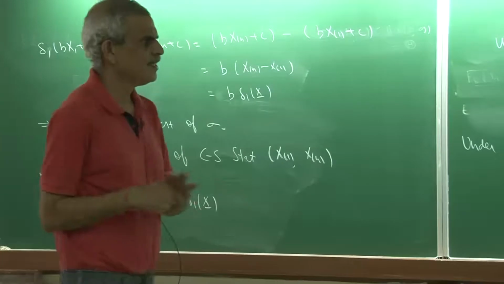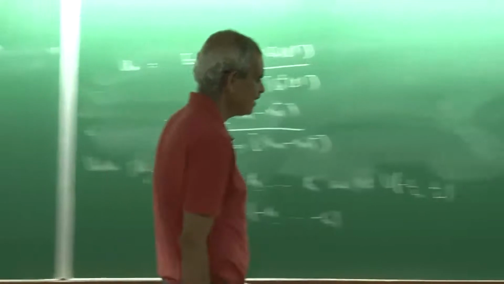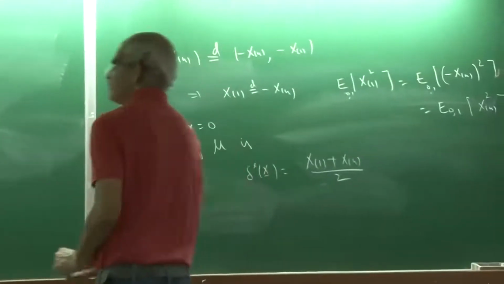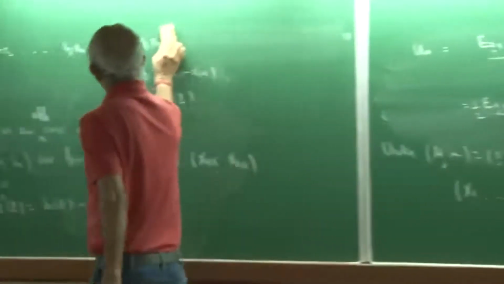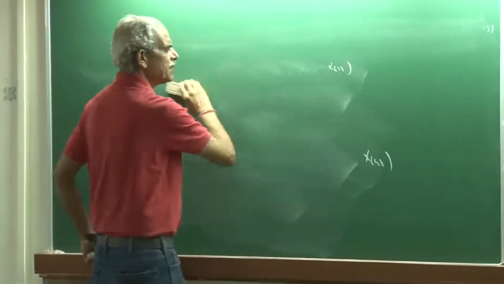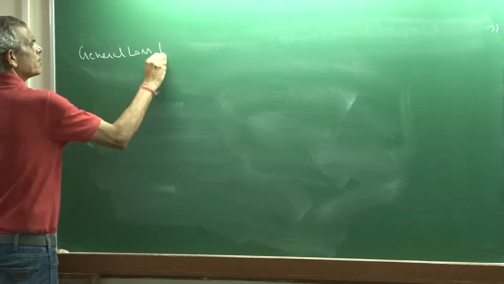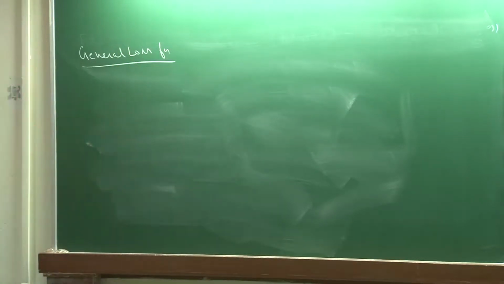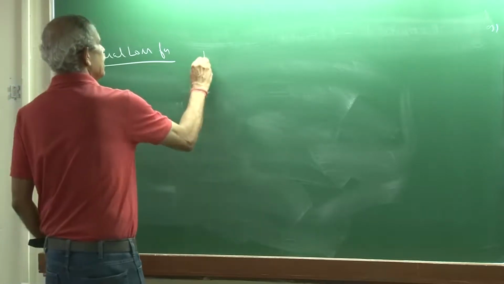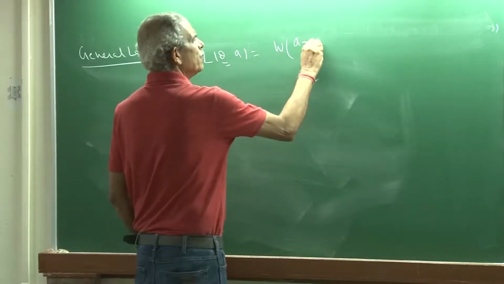A natural question to ask is, can I generalize this result to more general loss functions? So now let us try to consider a general loss function. So far we considered only squared error loss function. Let us consider general loss function. So what I do is I consider L(theta, a) to be W of (a minus mu) by sigma.